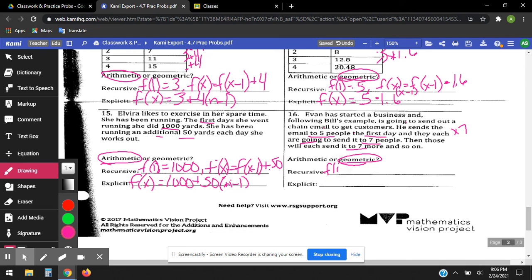So f of 1, first day, he sends it to 5 people, but then f of x is going to equal, everyone after that is going to times 7. So explicit is my first term of 5. I'm going to times 7 over and over, but I've got to take out my first term.